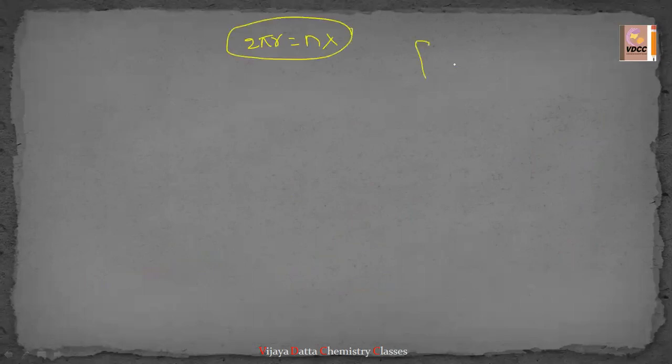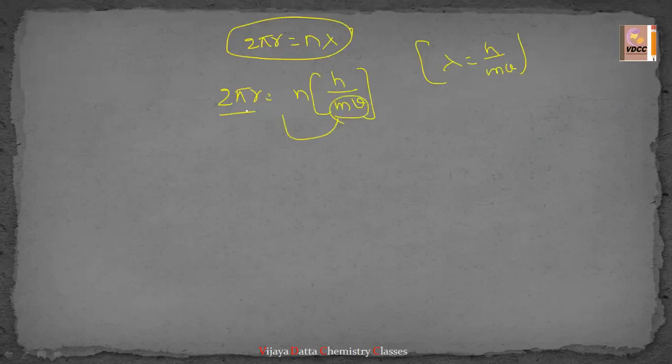According to de Broglie's theory, lambda equals h by mv, so he substituted that here. Then 2 pi r equals n into h by mv. I send mv to this side and bring 2 pi to the other side. Then mvr equals n into h by 2 pi.